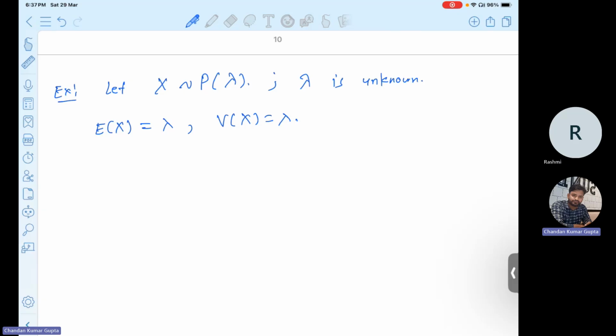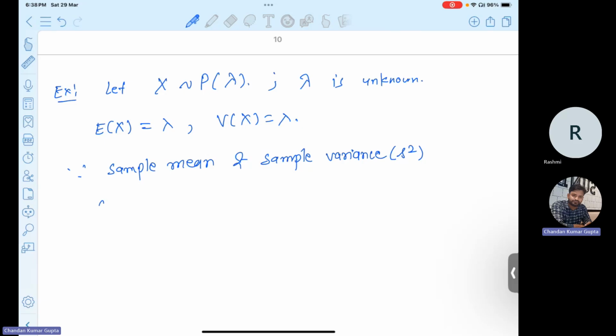We already discussed this in the fourth week, if you may remember. The sample mean and the sample variance s square are both unbiased estimators for the parameter lambda.